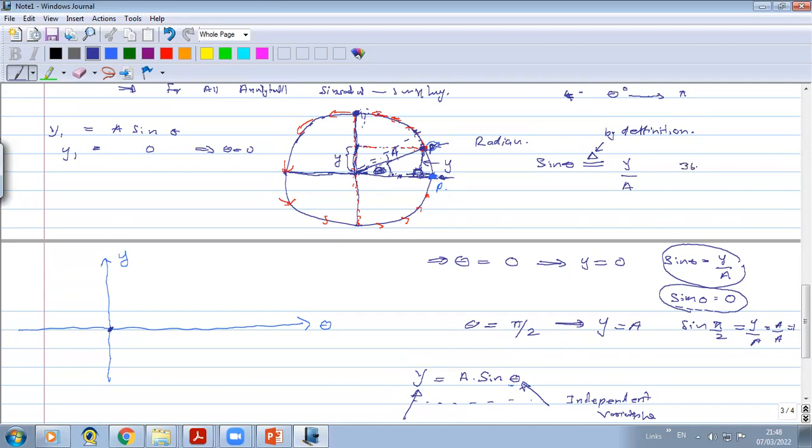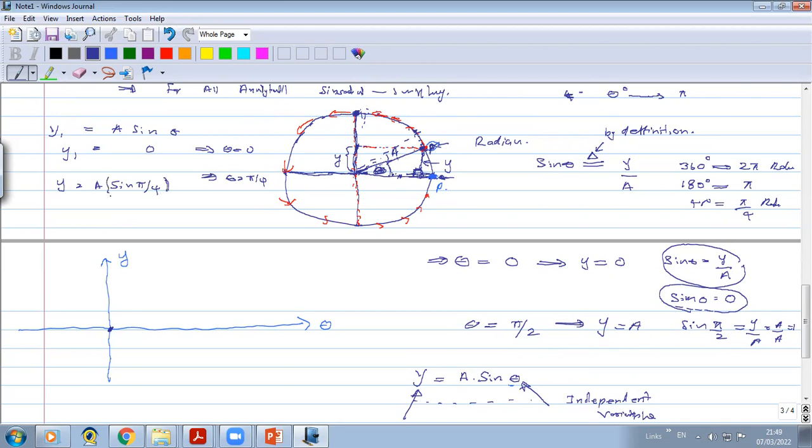We know that 360 degrees is equal to 2π radians. So 180 degrees is equal to π radians, and 45 degrees is equal to π by 4 radians. So if theta is π by 4, then y is equal to a sine π by 4. So some value is here.